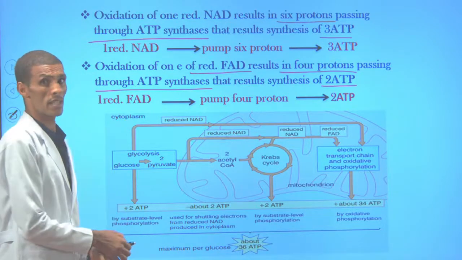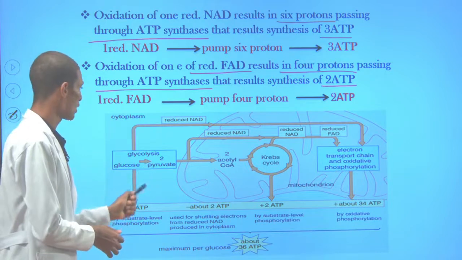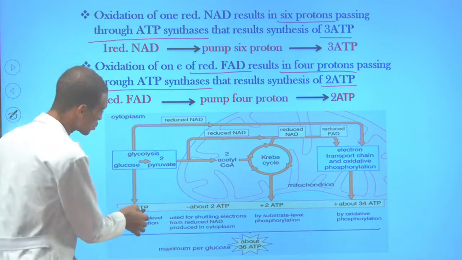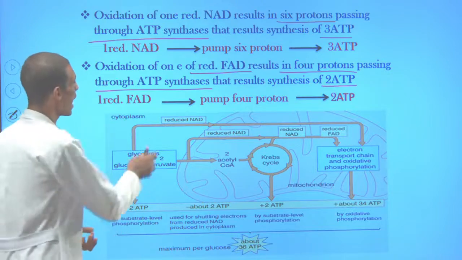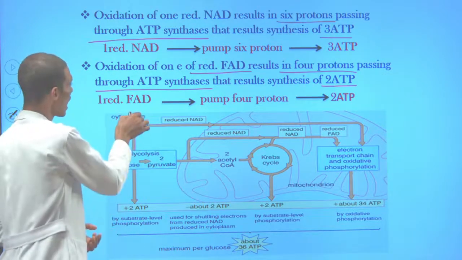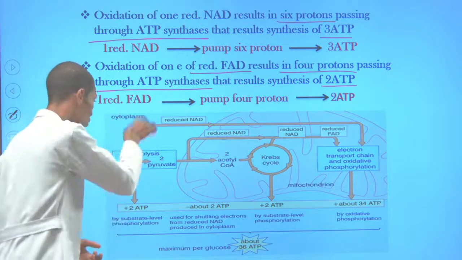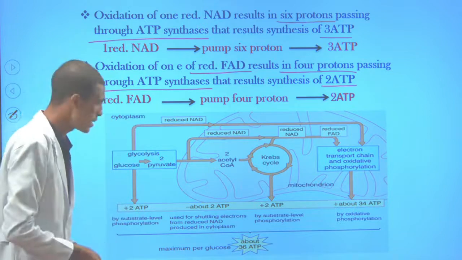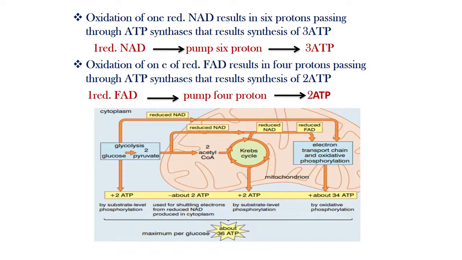During the glycolysis step, when glucose converts to 2 pyruvate molecules, there is a net gain of 2 ATP by substrate level phosphorylation and 2 reduced NAD produced here, which takes place anaerobically in the cytoplasm or cytosol of the cell. Then there is a link reaction which generates acetyl-CoA.